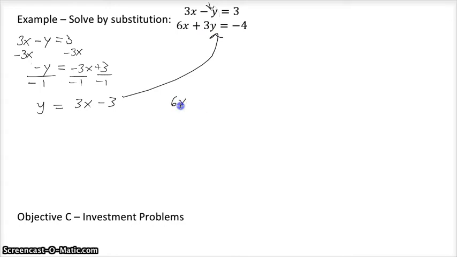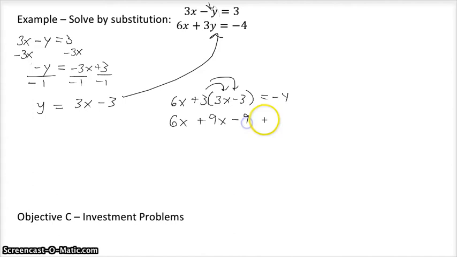So I have 6x plus 3 times y. Well, 3 times y, or 3 times 3x minus 3, equals negative 4. So I have 6x. I'm going to distribute this 3 to both terms. So I get 6x plus 9x minus 9 equals negative 4.